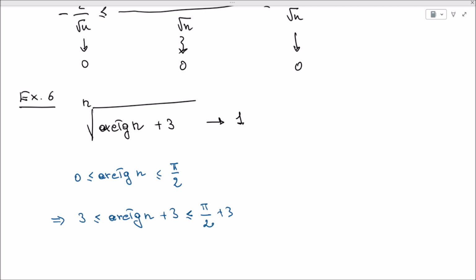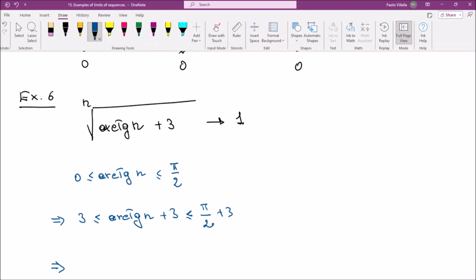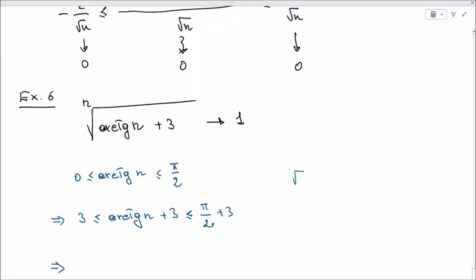All these terms of the inequality are strictly larger than 0, right? So we can take the nth root of each and every term. Remember that the nth root of x is strictly increasing.